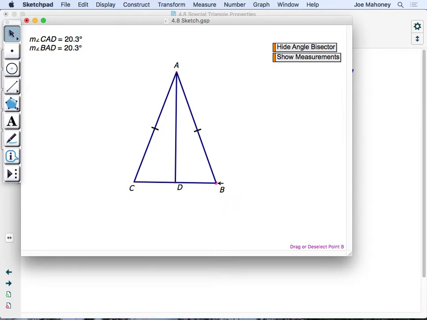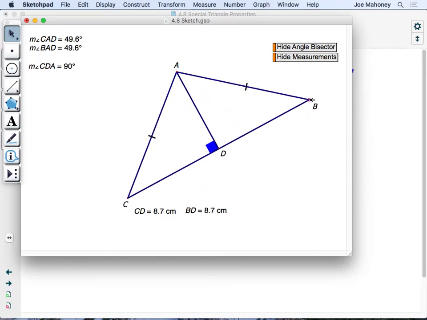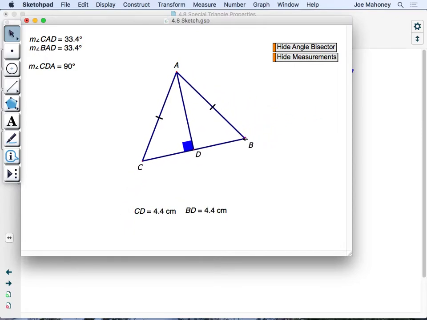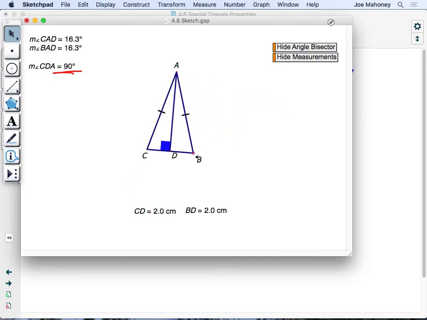Well, I want to show you two other measurements as well. The first measurement up here is that the measure of angle CDA is 90 degrees. That's the angle I've marked in blue. It's a right angle. And watch, if I drag this triangle around, look at this angle measure. Does the angle measure change? No, it doesn't.